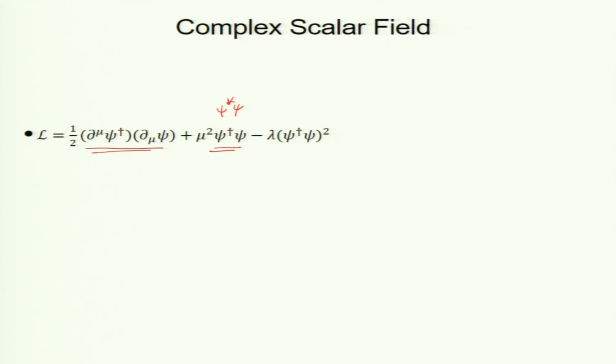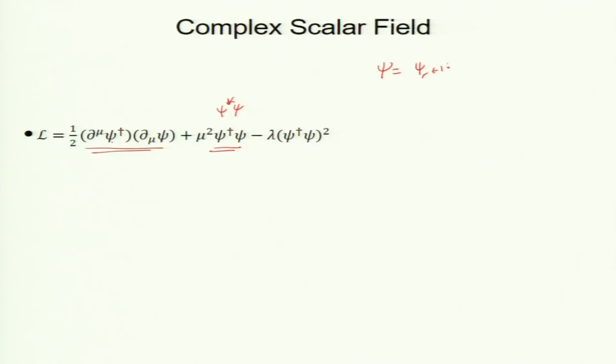This is pretty similar, except now this is psi and this is psi dagger. Now, a complex field has psi real plus psi imaginary. These are the 2 components you may think of, or you can say psi and psi star. You do not need to write psi real plus psi imaginary: psi and psi star are two independent fields. In fact, we have done that kind of thing in the past.